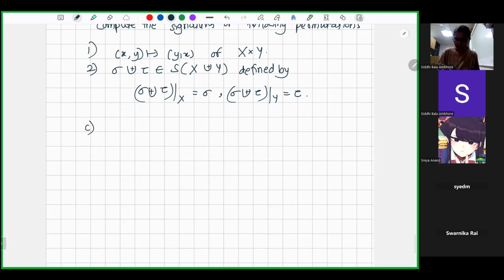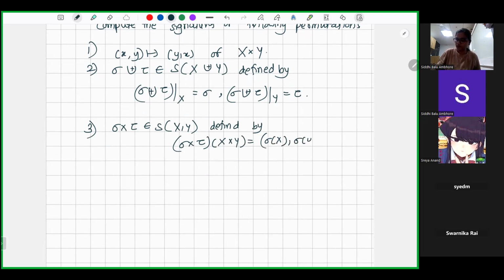And final is this one, sigma cross tau in S of xy, defined by this. Okay, so this is what is given to us, and we have to calculate the signature of each permutation.